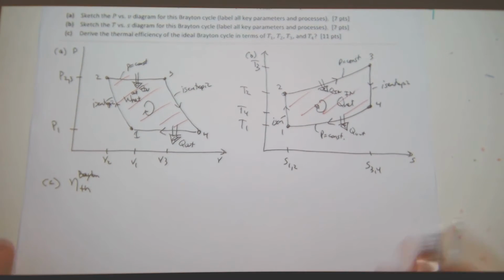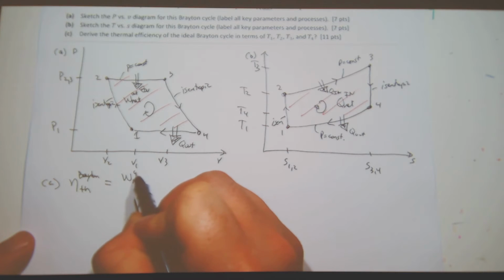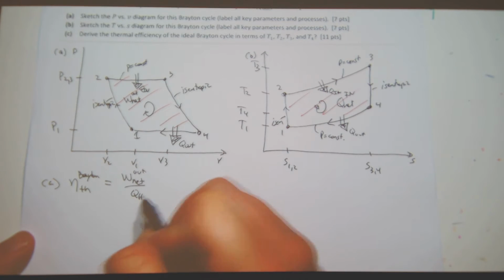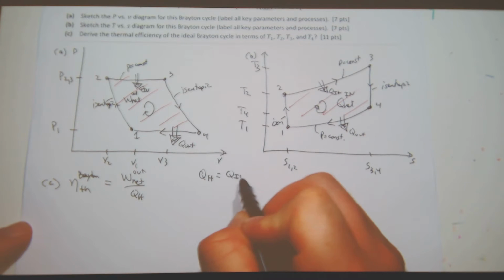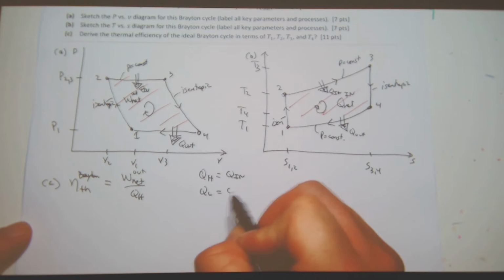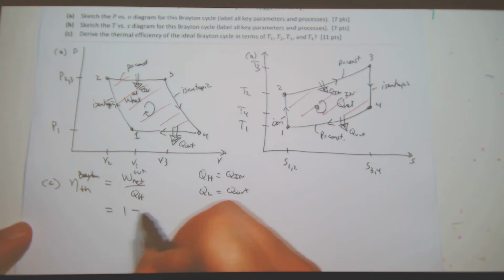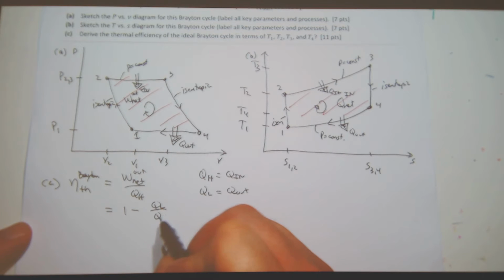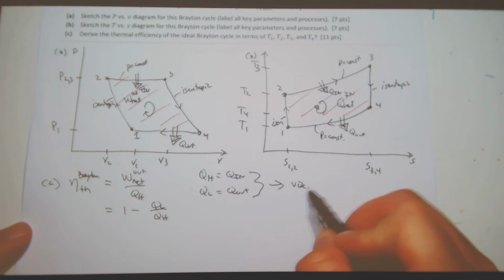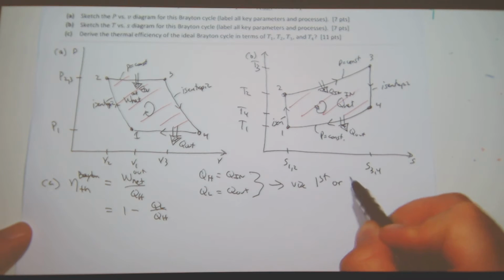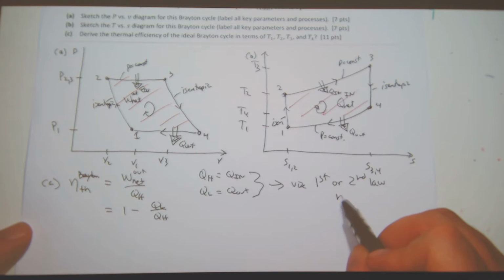The general way of writing it for a work producing device is work net out over QH. And QH is equal to Q in, and QL is equal to Q out. And I can rewrite this as 1 minus QL over QH. And these I can get via first or second law balance.